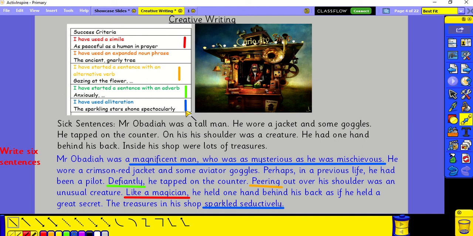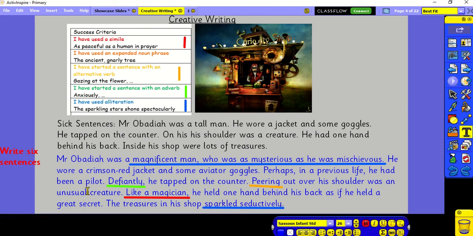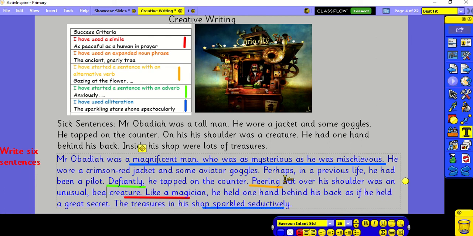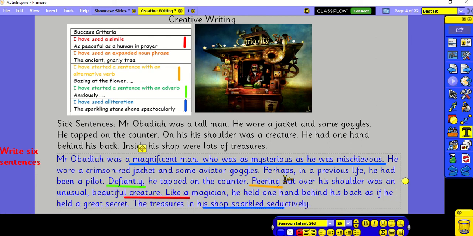Okay, so you can see that I have all of them except an expanded noun phrase. And what I can actually do, if I come back and edit my writing, I can say, peering out over his shoulder was an unusual, comma, beautiful. Adjective, comma, adjective, noun.